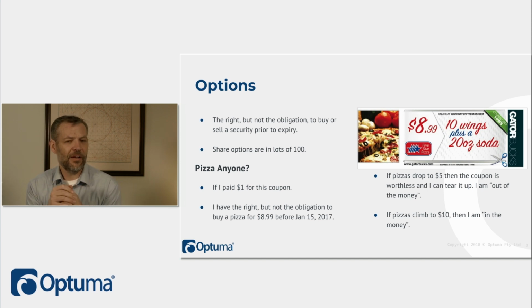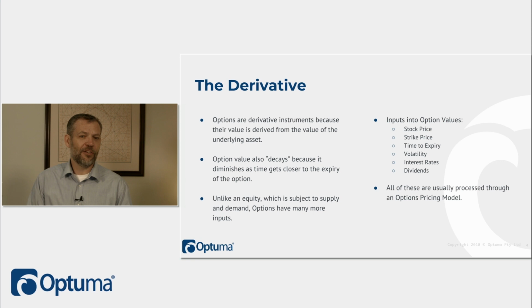I'm happy paying $8.99, and I've got a funny feeling that pizzas are actually going to go up in value in the next 3 months anyway. So, that's worth buying. But if the expiry was tomorrow and pizzas were $8.99, well, I wouldn't spend $1 buying an option. It wouldn't make any sense. So it decays in value as we get closer and closer to the expiry date.